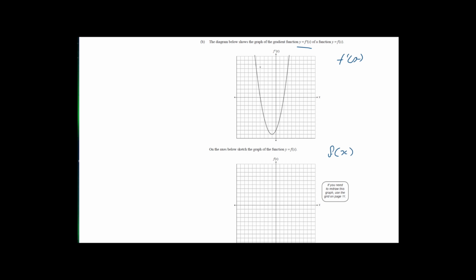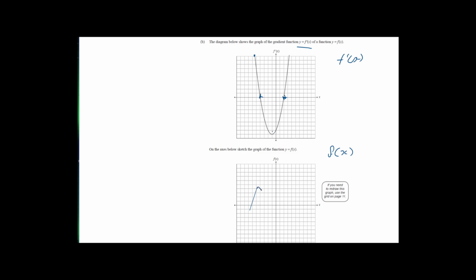So for this one here, from here to here, this graph must be sort of positively sloping, and then getting less and less slopey. And then from here to here, it's negatively sloped.